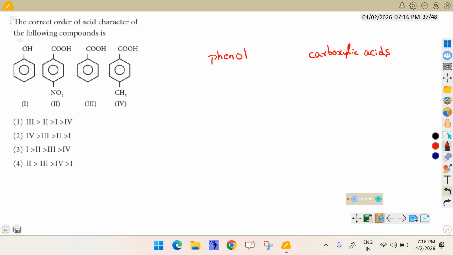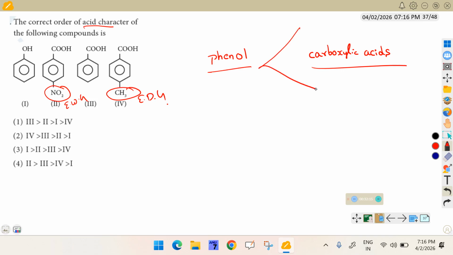The correct order of acidic character. Here NO2 is an electron withdrawing group, CH3 an electron donating group. Phenol and carboxylic acid: carboxylic acids are more acidic, phenols are less acidic. So it ends with 1. When an electron withdrawing group is present, acidic nature increases.